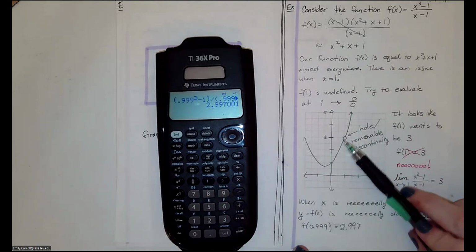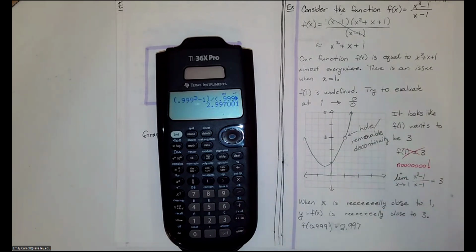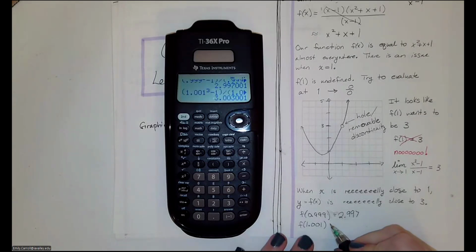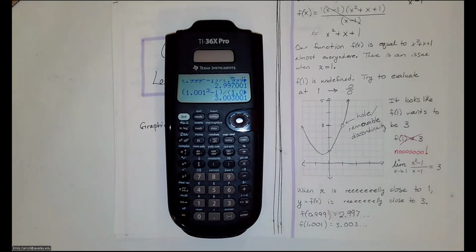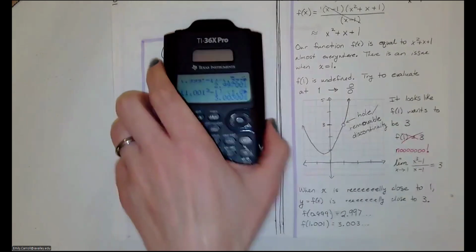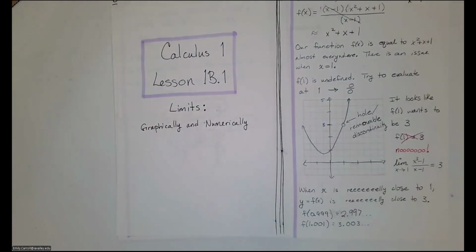And we can do that from below, which is what this is doing, or you could think about numbers like 0.001, which evaluates to 3.003. Numbers that are really close to 3. When I evaluate this function at numbers that are really close to 1, I get numbers that are really close to 3. So that's going to lead us to a definition of what a limit is.